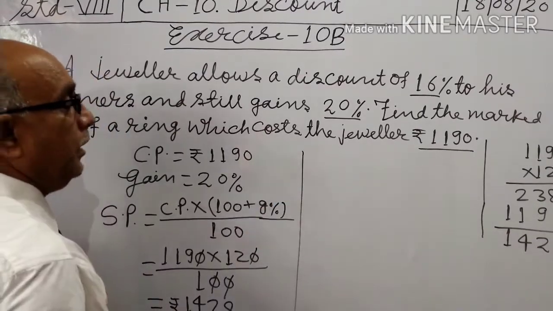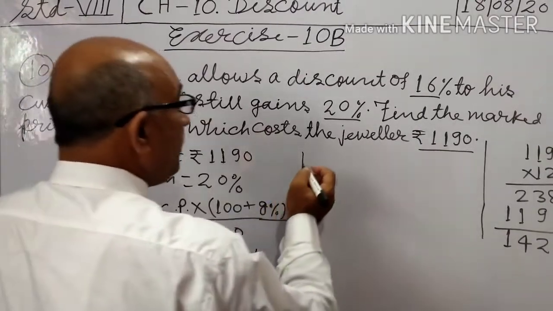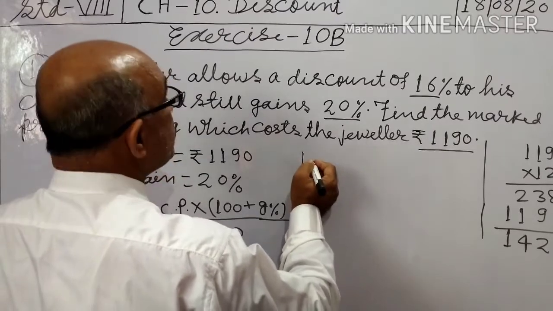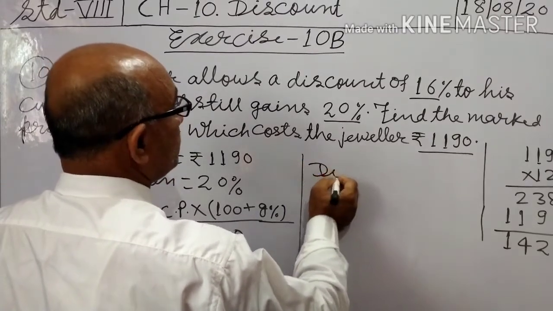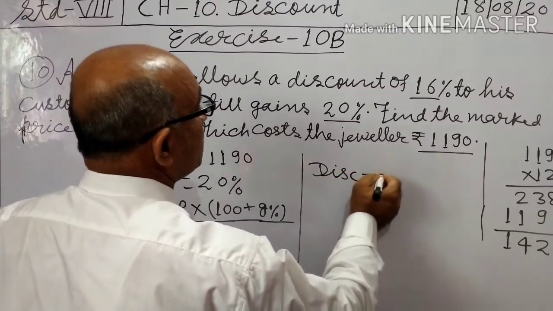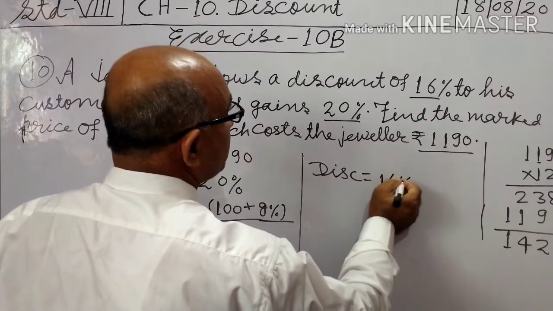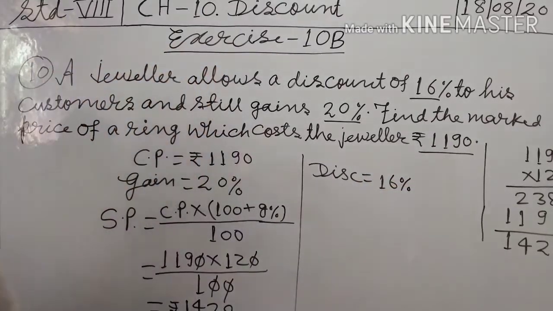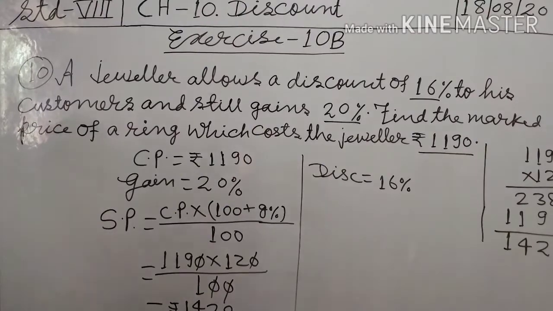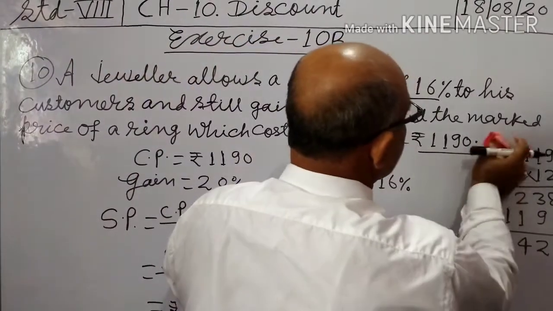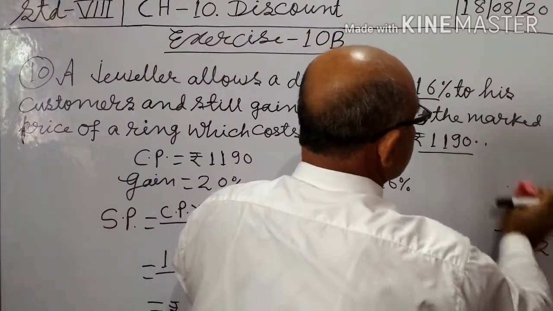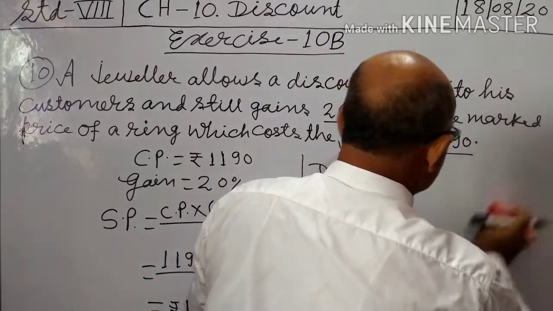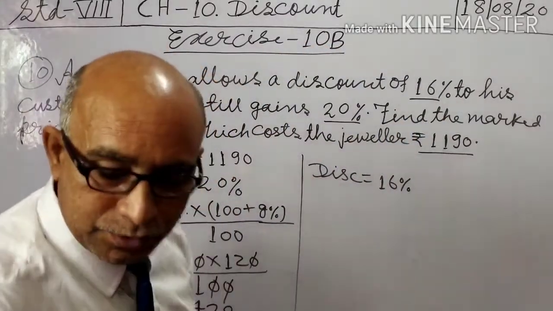Now next find MP, given discount equal to 16%.